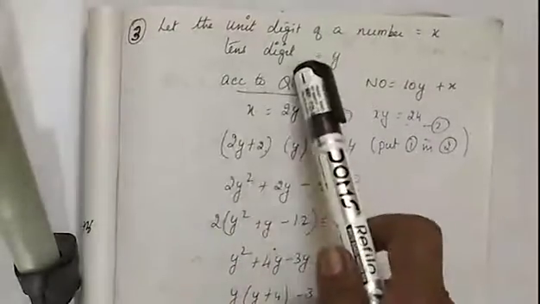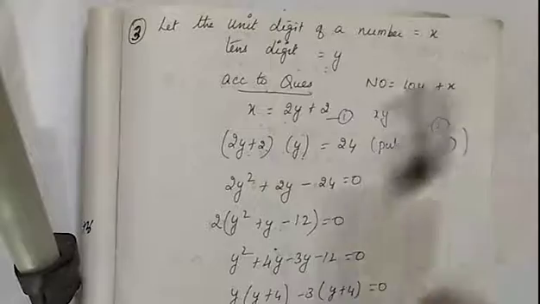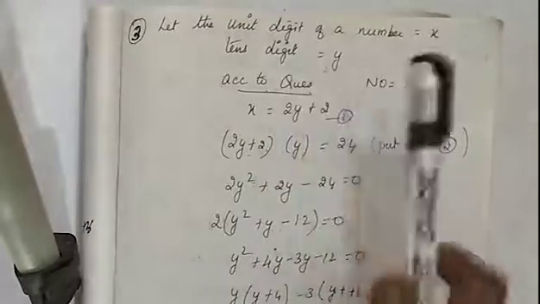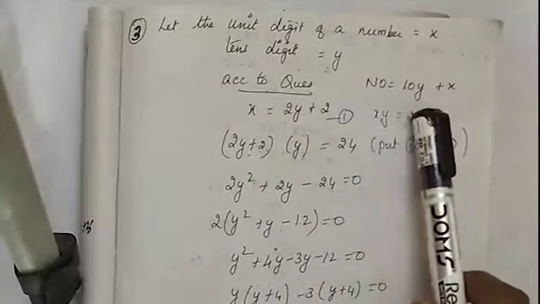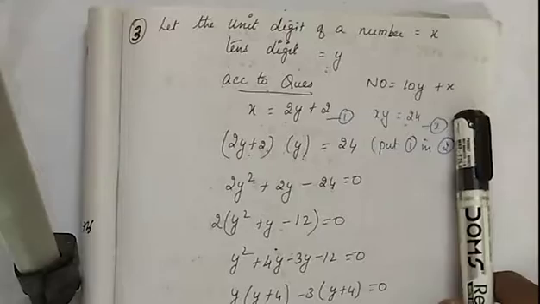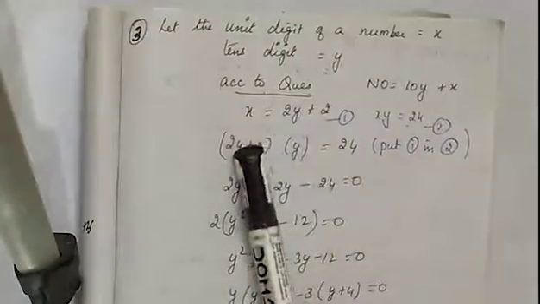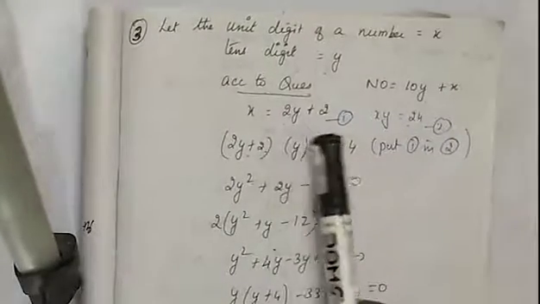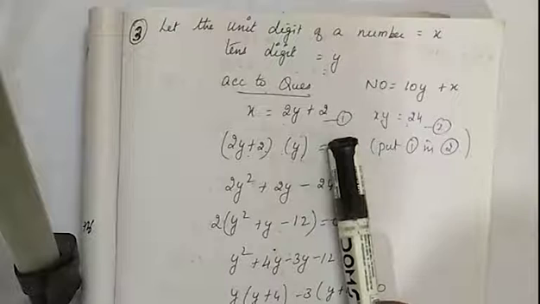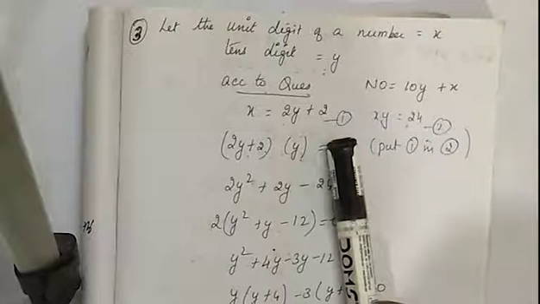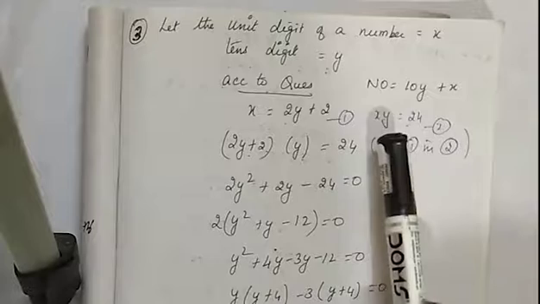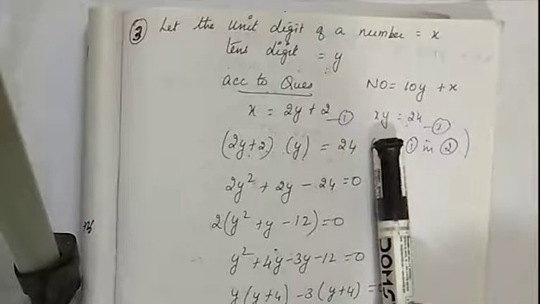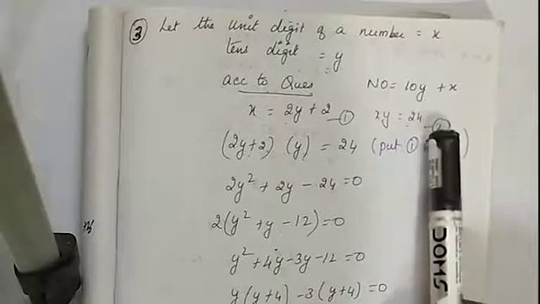Let the unit digit of the number be x and its tens digit y. Number is 10y plus x. Now according to the question, x is equal to 2y plus 2. That is, units digit exceeds twice its tens digit by 2. And product of the digits is equal to 24. x into y is equal to 24.